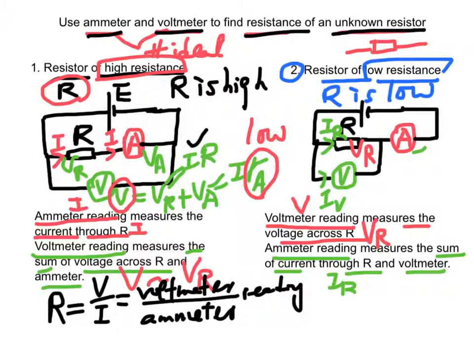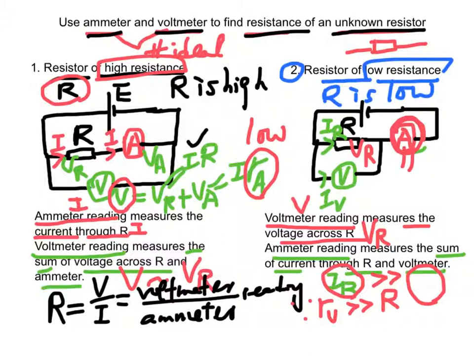Since the internal resistance of the voltmeter is much larger than the resistance of the unknown resistor, which is very small, therefore the current passing through the resistor R will be much larger than the current passing through the voltmeter. As a result, the ammeter reading will be approximately equal to the current passing through the resistor, that is IR.